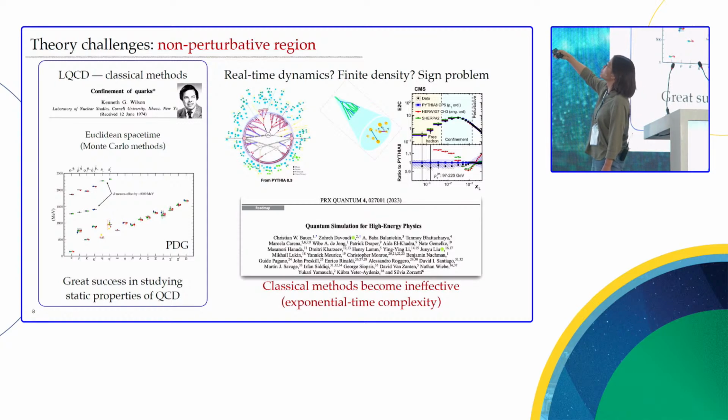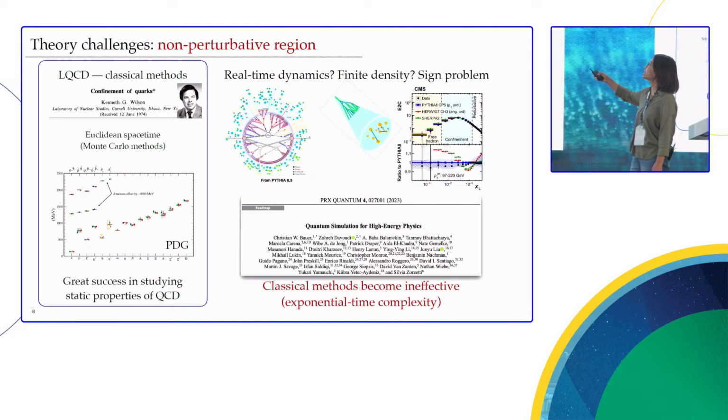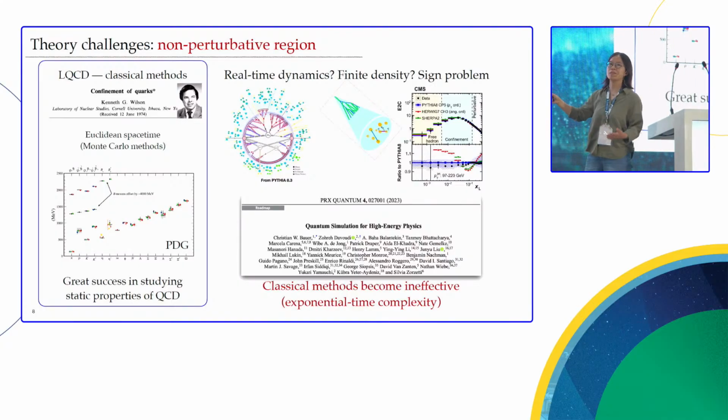This is the blue shaded region here. But our measurement has achieved very precise limits. So in order to improve this precision and really perform this path integral from first principles, we cannot rely on this classical method, because when you deal with real-time dynamics, it will give you sign problems.